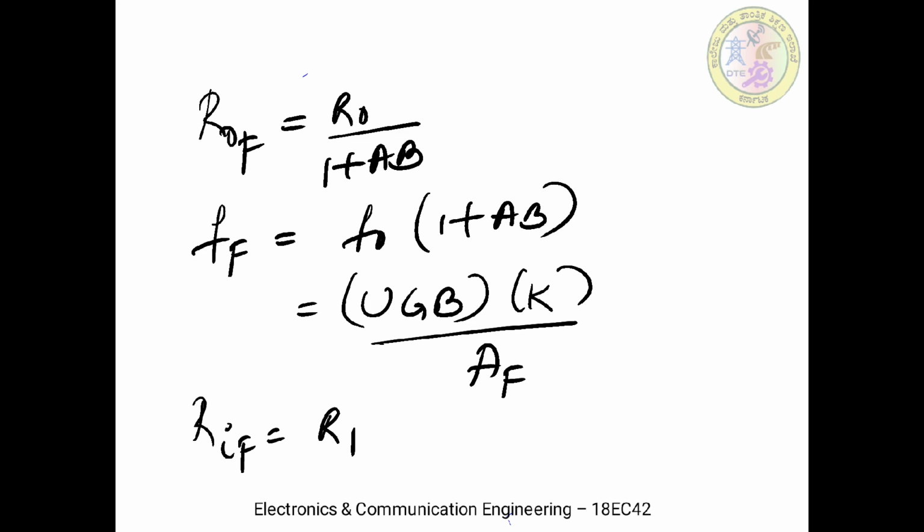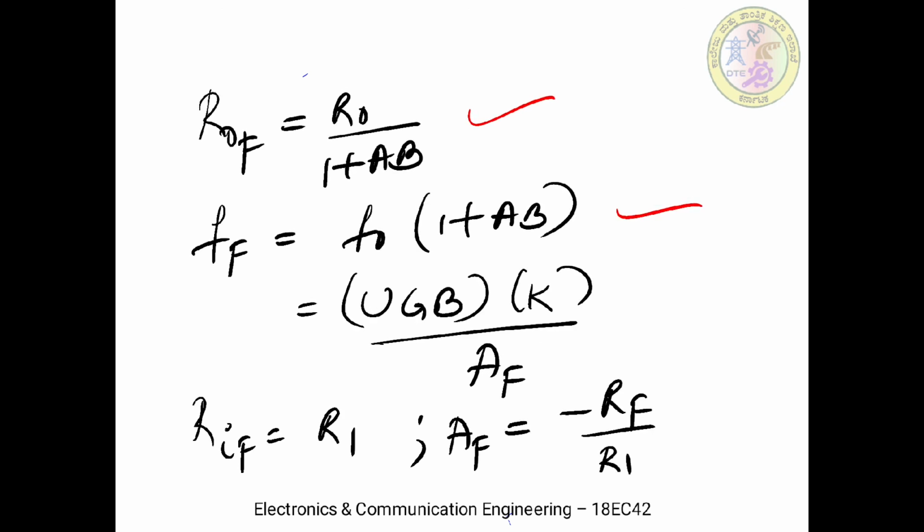And the other parameter we discussed with respect to inverting amplifier is AF, the closed loop gain, which will be equal to minus RF divided by R1. So these are the important relations with respect to inverting amplifier with feedback, which is in voltage shunt feedback configuration.